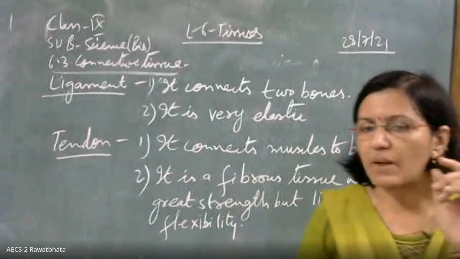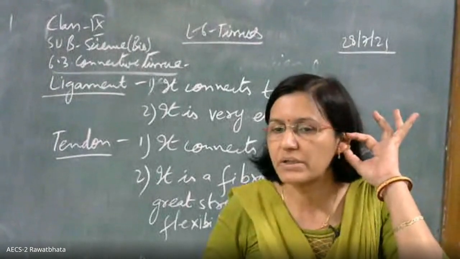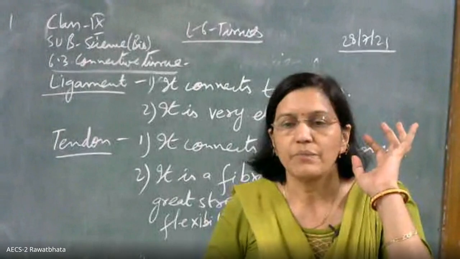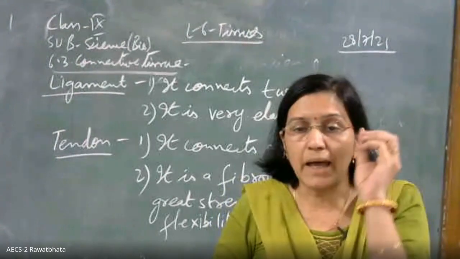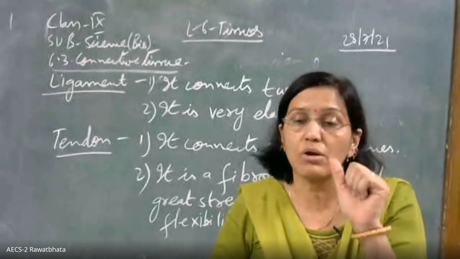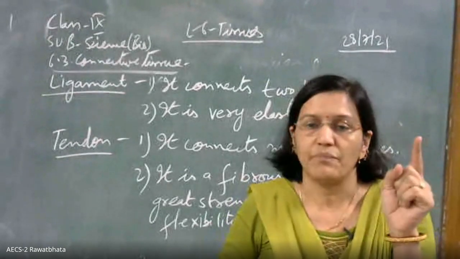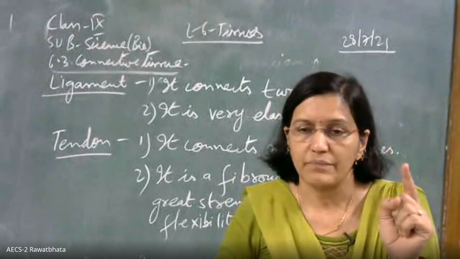Therefore, it is flexible. For example, if I hold this ear pinna and twist it this way, I can move it. It's not as smoothly functioning as that of the skin or other muscles, but it is not as hard as that of bone. Remember that.